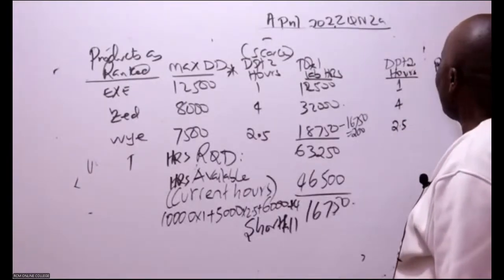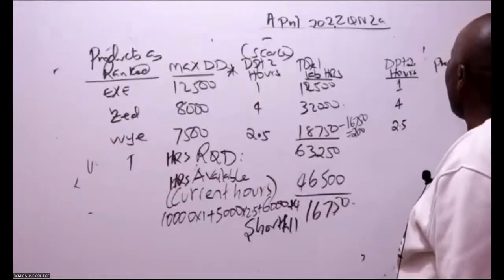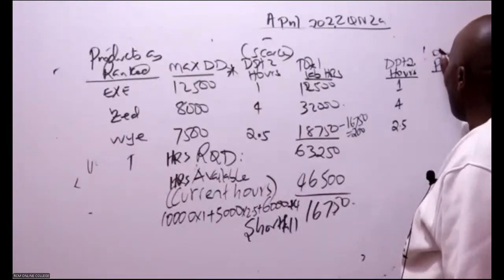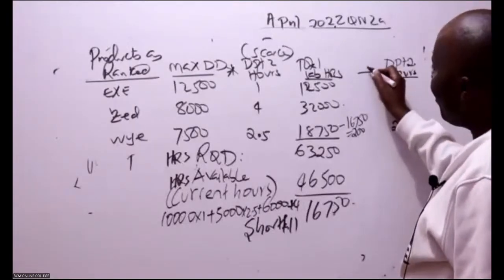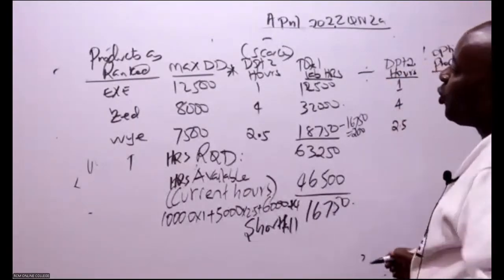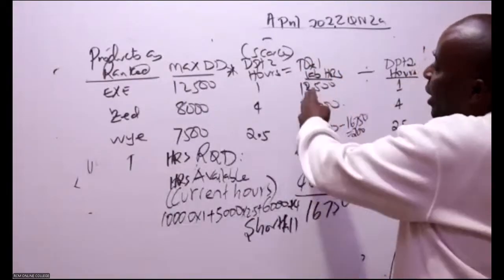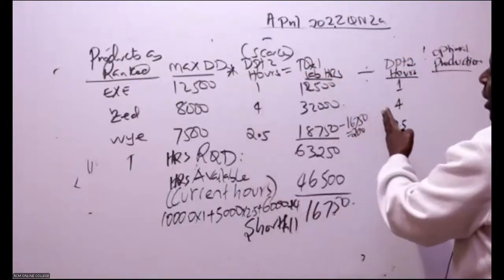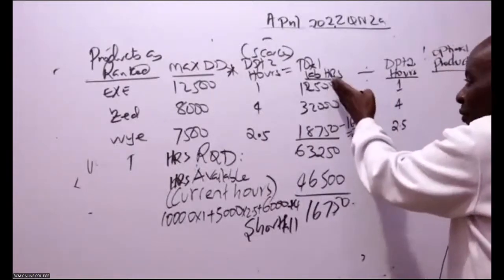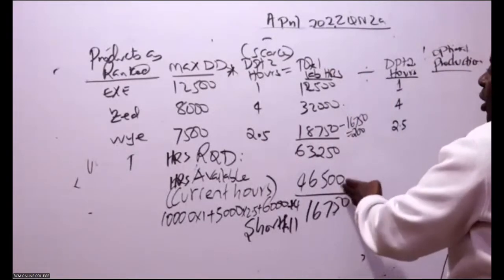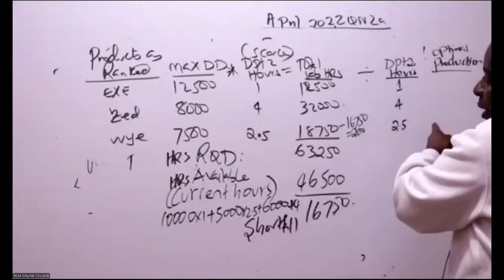And then to get the optimal production, now you divide. To get these total hours, we multiplied. Now to get the optimal production, you take the total and divide by these labor hours.